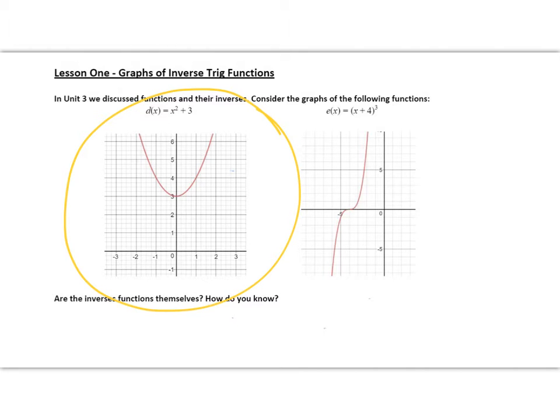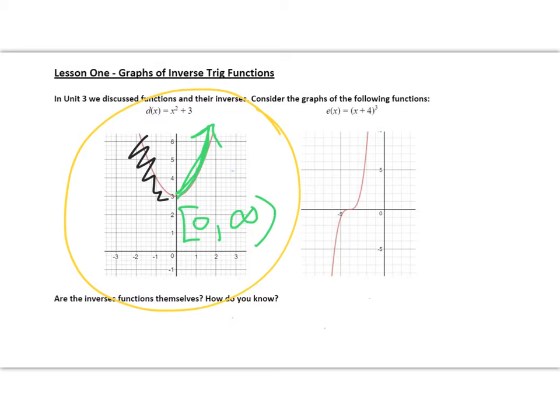If we look at this graph, basically just by taking part of it, in this case exactly half of it, if we just restrict the domain to be 0 to infinity, then when we find the inverse, its inverse will be a function. So we're just going to kind of ignore this part of it.